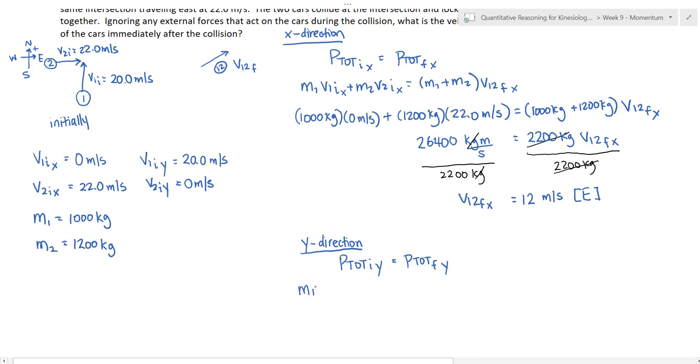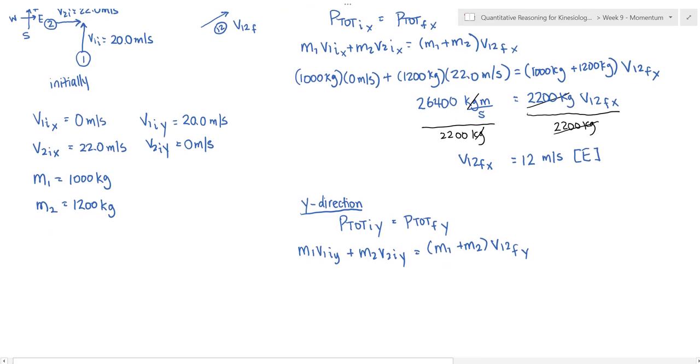And then we have m1 v1 initial y plus m2 v2 initial y is equal to, now they're stuck together, so it's m1 plus m2 because we only have one object now, which is made up of two vehicles stuck together, v12 final y. And we're solving for that v12 final y.